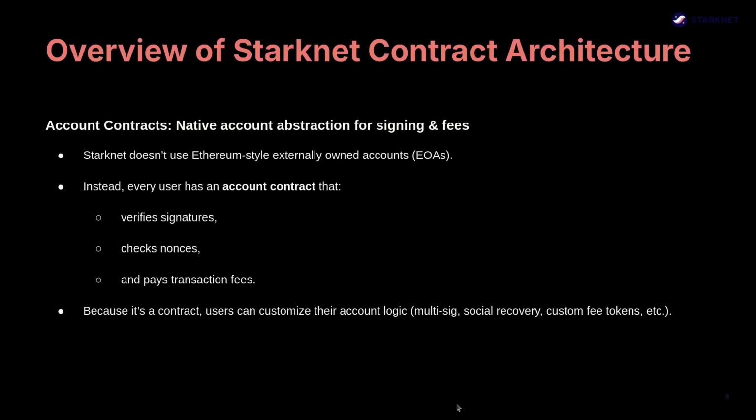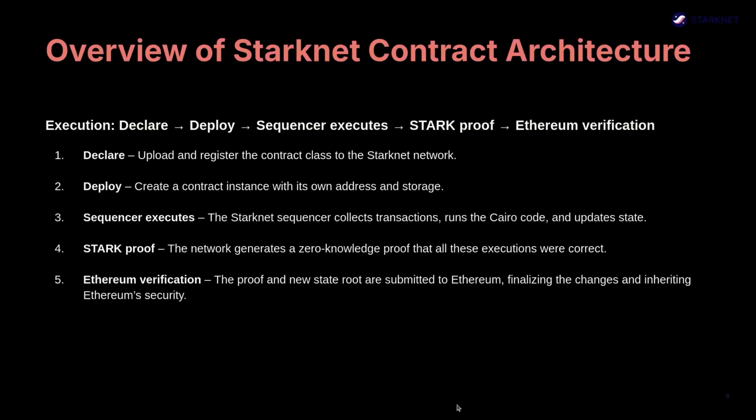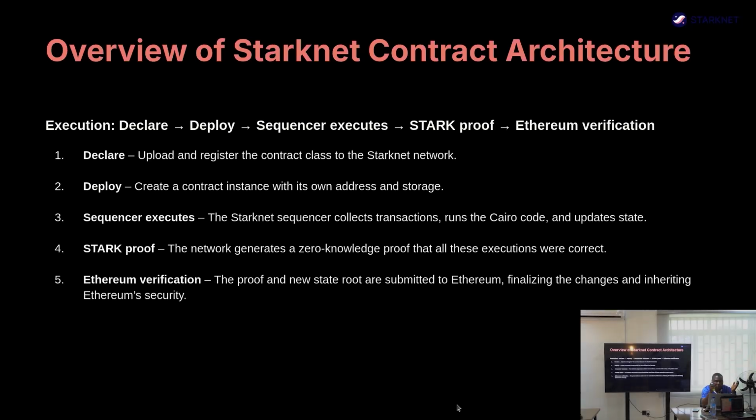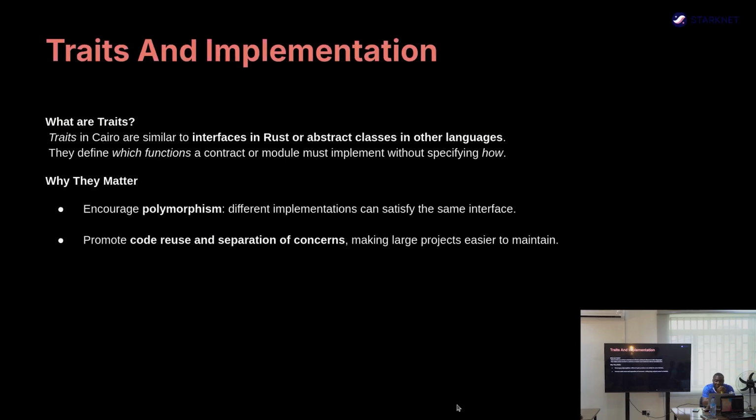That's why if you create a wallet, either Braavos or Argent, you deploy the account. When you write a contract, you declare the contract before you deploy it. Are we together? I'm just trying to make the foundation as simple as possible.